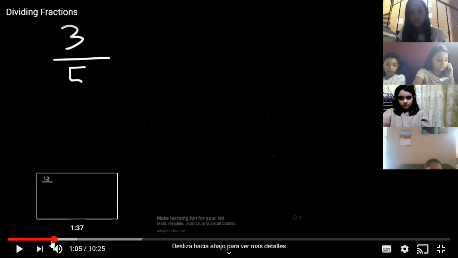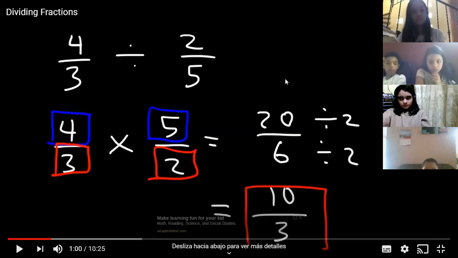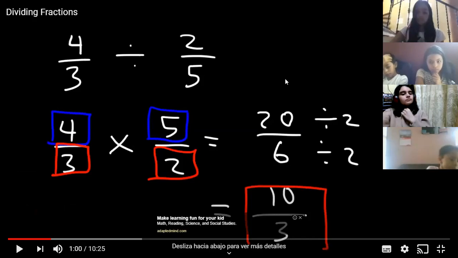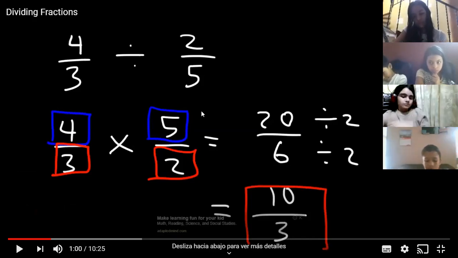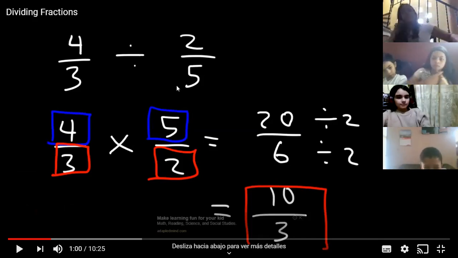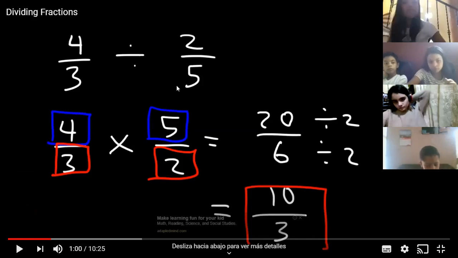Okay, you can see in this example, he used the method of the switch, right? But if we use the method that I told you, that you have to multiply, okay? It's the same thing. What is the method that I use? Cross multiplication.